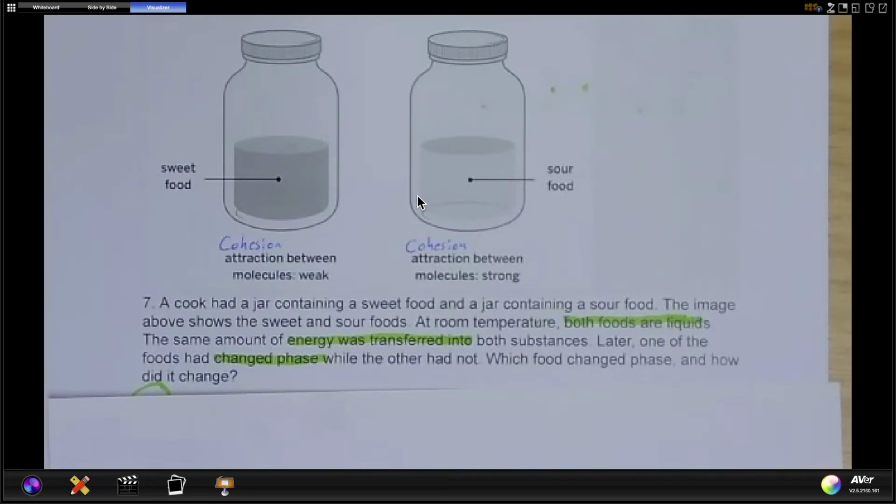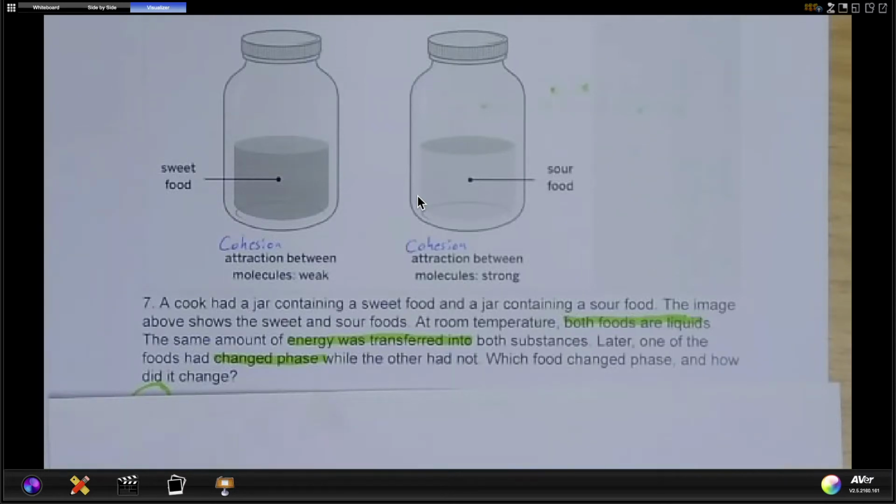Then it says we added energy, we transferred it in. So both got the same amount hotter. But later it says only one of the foods changed phase while the same amount of energy was added. Which food changed phase and how did it change? Well, first of all, it started as a liquid.